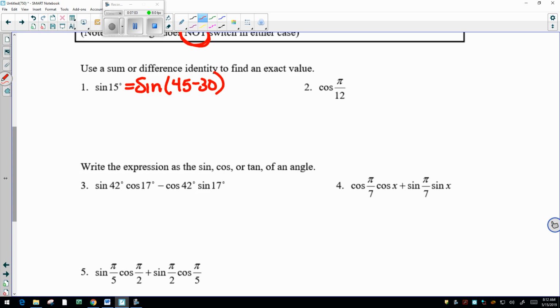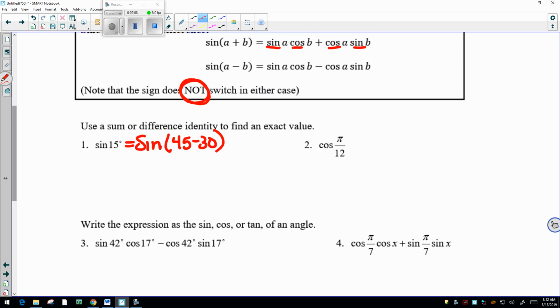So if we were to use the formula that says in the sine I am subtracting, it looks like we're using this second idea here, where A is going to be 45 and B is going to be 30. So this would give me the sine of 45 times the cosine of 30. And now I need to subtract, keeping the signs the same. And now I switch to cosine of my first angle, which was 45, and the sine of 30. Okay, so we have to evaluate these.